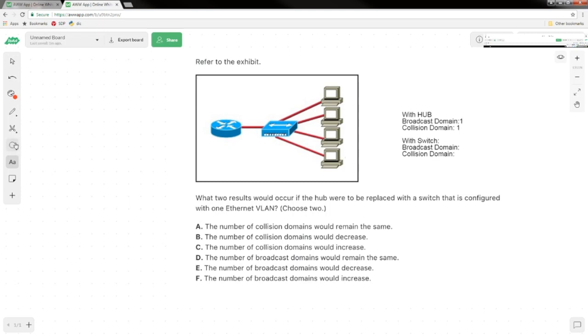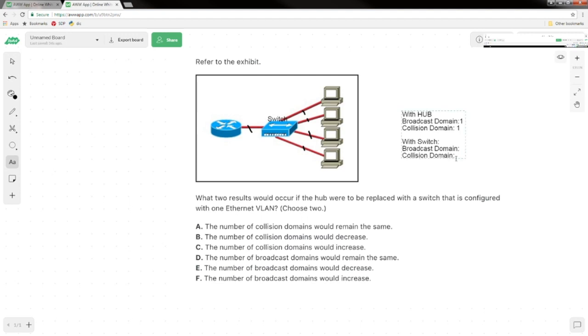Now let's replace this with a switch. When we replace this with a switch, each connection on a switch acts as its own collision domain. So this is 1, 2, 3, 4, 5 collision domains.